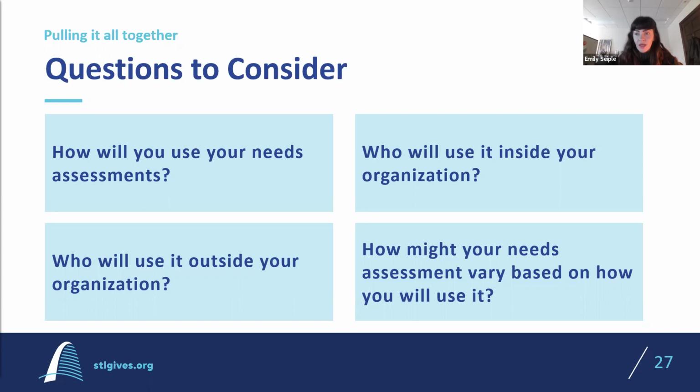And then, who will use it outside of your organization? The First Step to Equity report we were looking at is a great example. That was used really broadly by the community to create a coalition building program to make sure that early childhood resources have investment. Maybe there's a partner organization who would really like to see your work and could give feedback, or you've identified a gap and that's something they could step into.